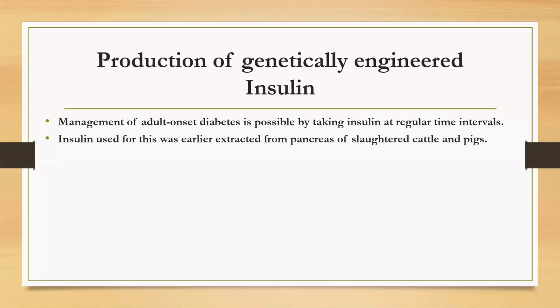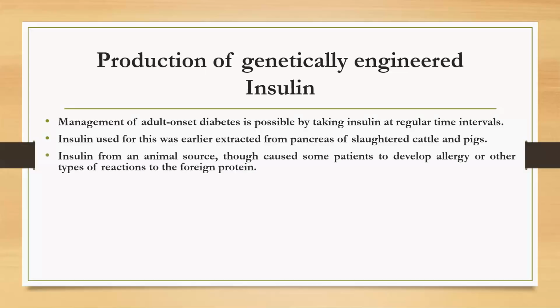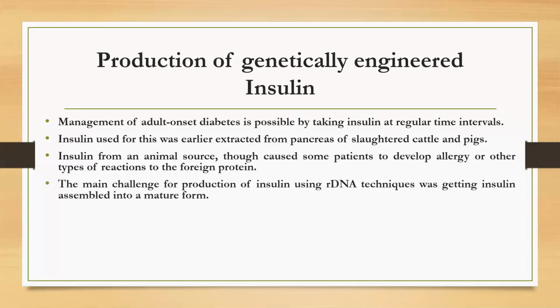Functionally they are similar, but there is a difference in the sequence of amino acids. So insulin from an animal source caused some patients to develop allergy or other reactions to the foreign protein. It resulted in some negative problems in the patient's body. That's why they thought to produce human insulin artificially.